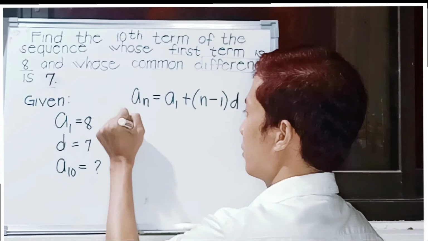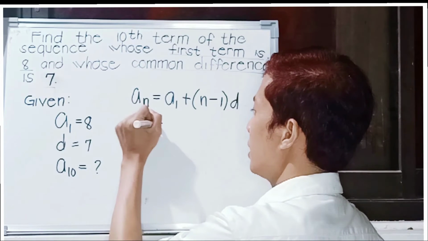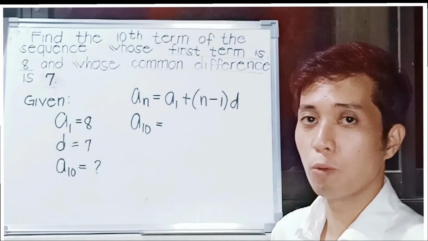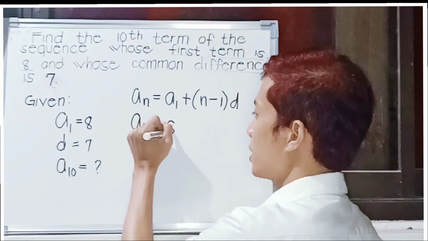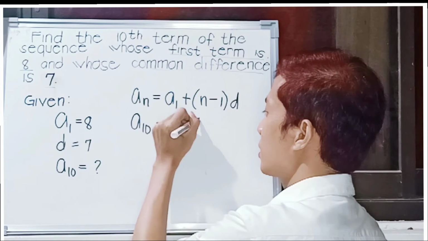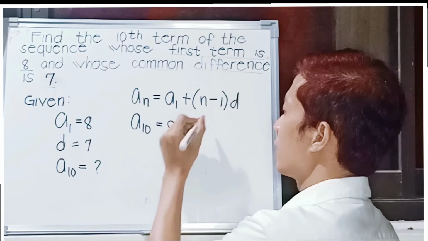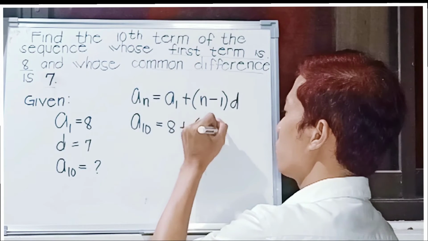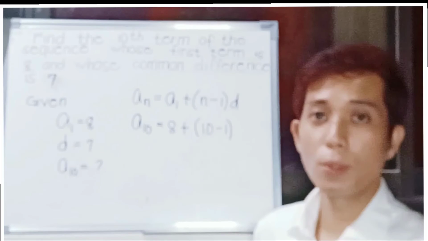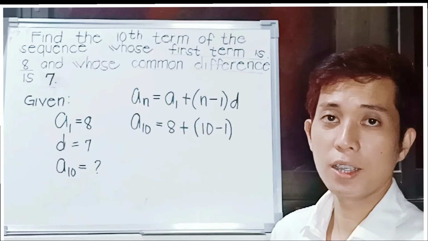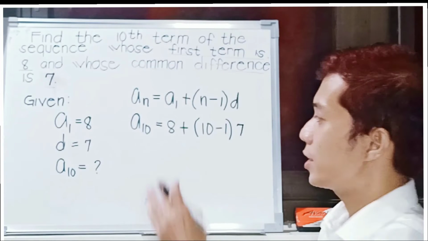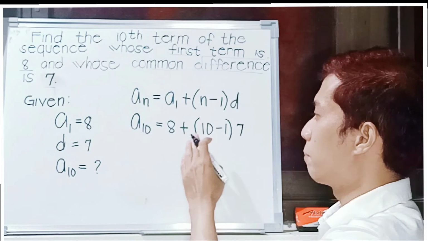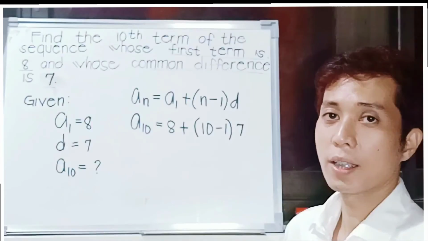So a sub 10 is equal to, what is our a sub 1? A sub 1 is 8, so substitute. So that's 8 plus quantity 10 minus 1 times our common difference. Our common difference here is 7, so times 7. We now have a sub 10 is equal to 8 plus quantity 10 minus 1 times 7.